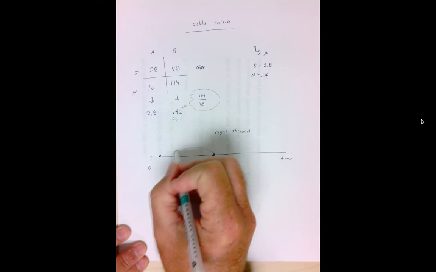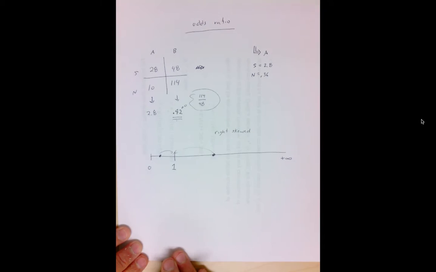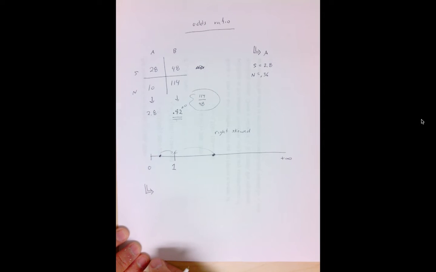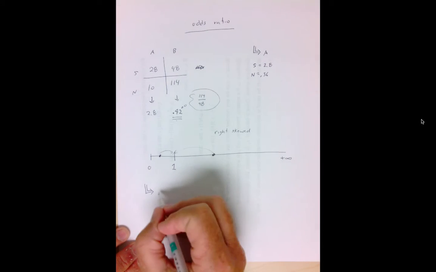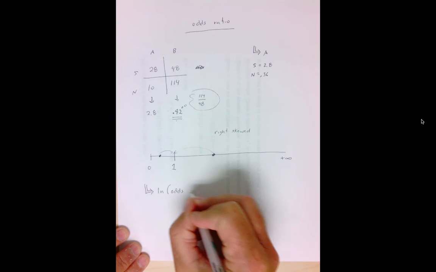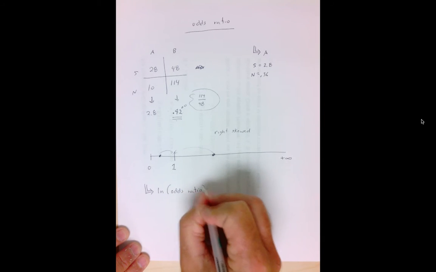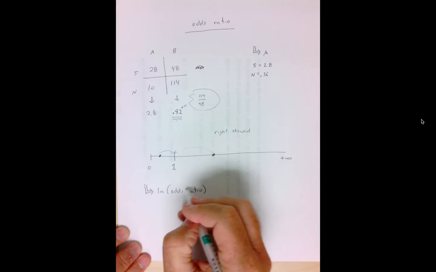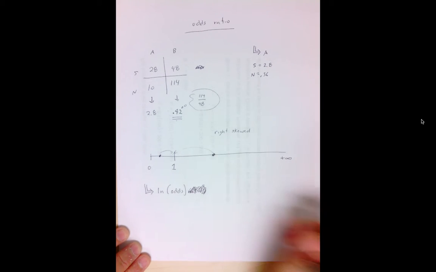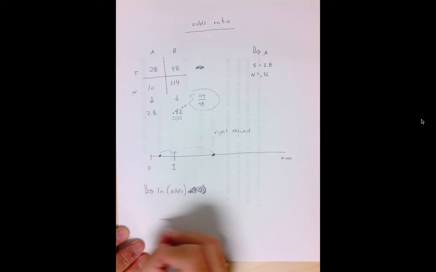These values aren't centered around the number 1. So what we'd like to do is create a distribution that is centered. And what we found out is that we can take the natural log of the odds, and we get something that is centered around 0.